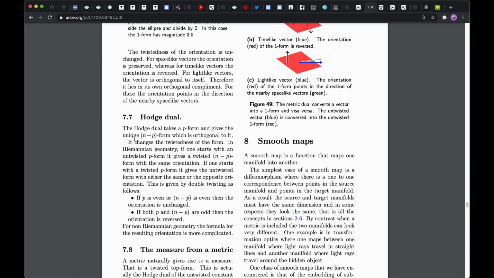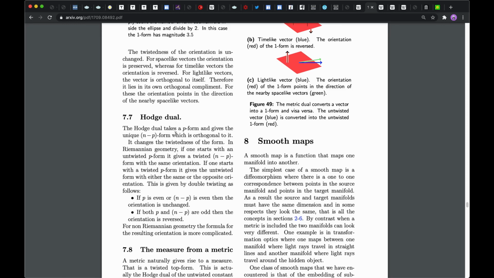Okay, and then we also have the Hodge dual, and the Hodge dual takes a P form and gives the unique n minus P form. So that's the other kind of duality. The metric dual converts a vector to a form, like one vector to one form, or P vector to P form, so basically it makes an isomorphism between the vectors and forms.